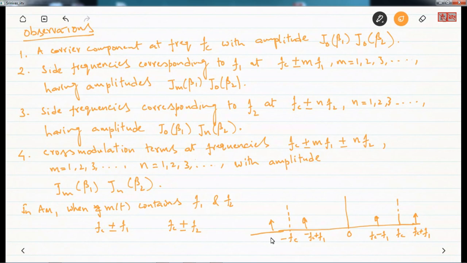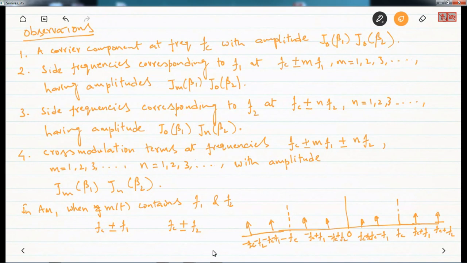So this is all for f1, and similarly for f2 it will be Fc plus f2. So you will have another component Fc plus f2, and similarly here you will have Fc minus f2. Similarly here you will have minus Fc plus f2, here minus Fc minus f2.